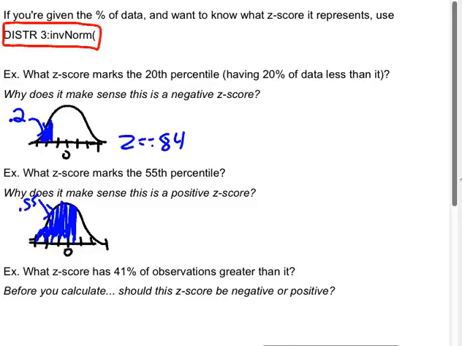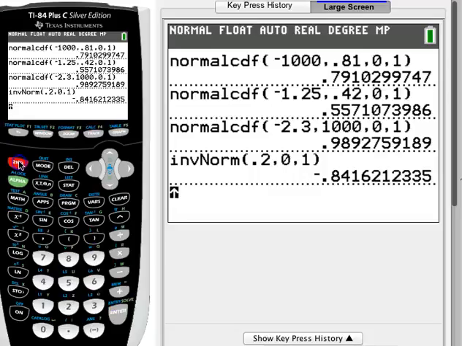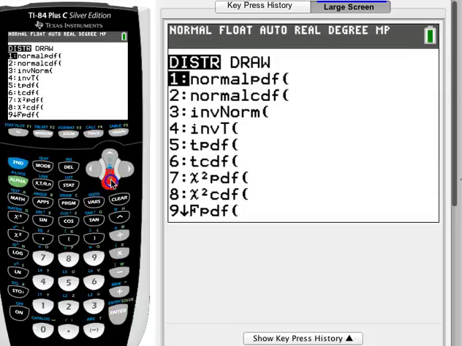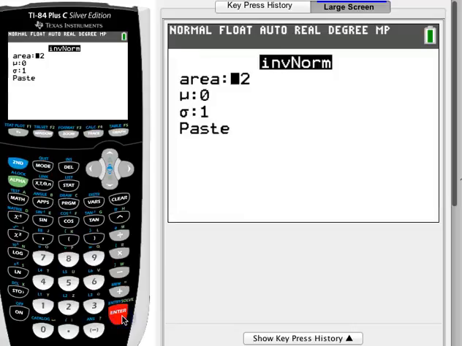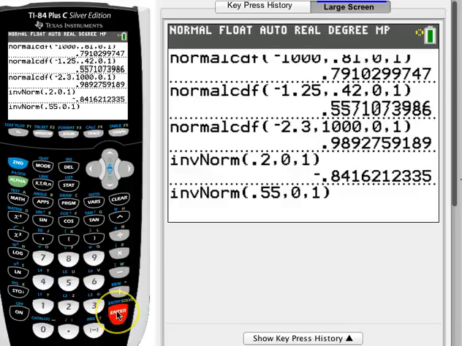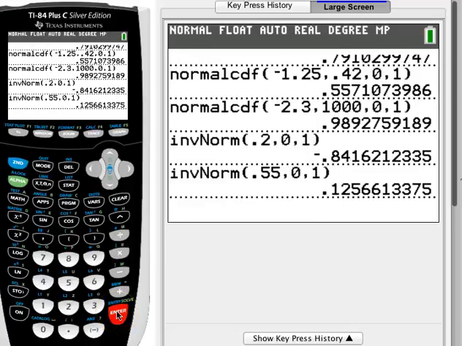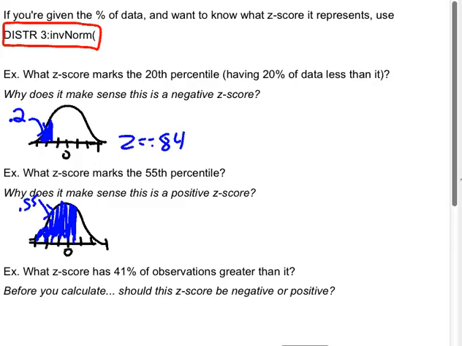Okay, and whenever you're looking for the z-score, that is going to be inverse norm. So the area this time is 55. What z-score creates that? 0.12, about 0.13, I should say. Z of 0.13. And again, it makes sense it's positive because the 55th percentile is going to be above the mean.